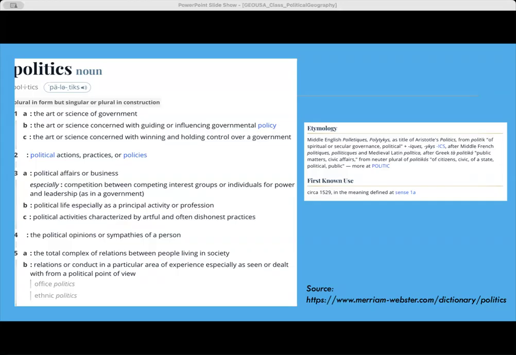So when we say words like political affairs or political life, we're talking about the application of policy, or the application of guiding and influencing and carrying on government in a certain way.